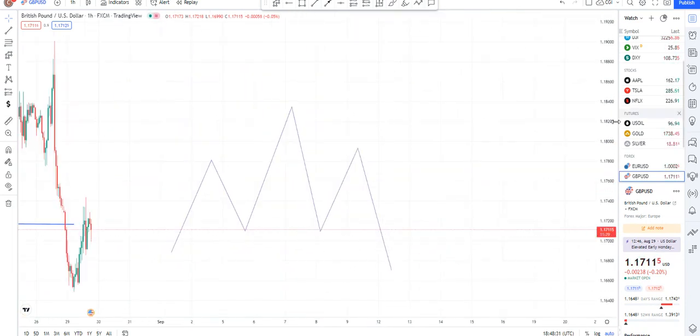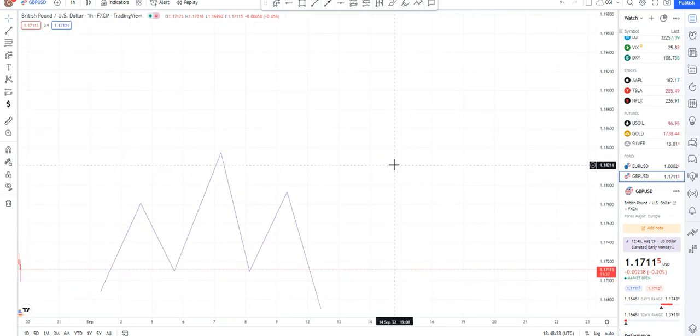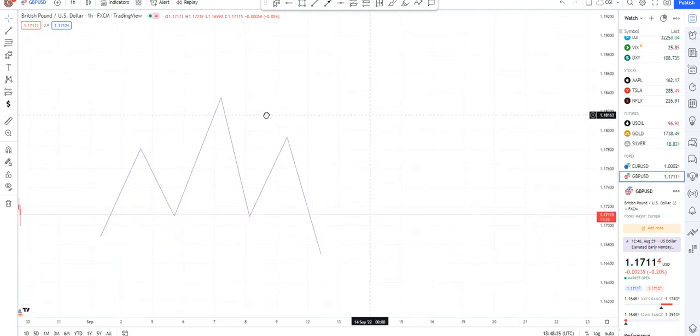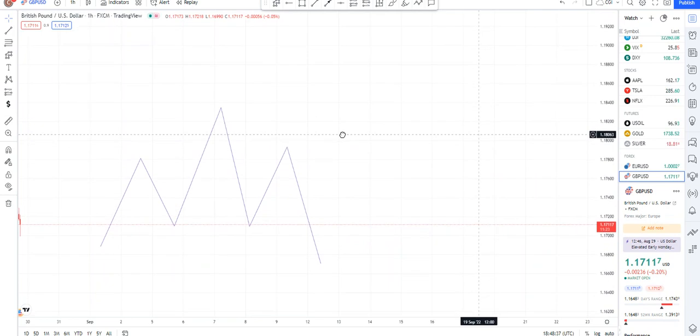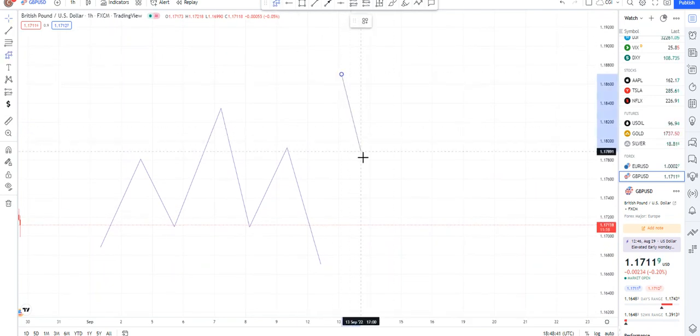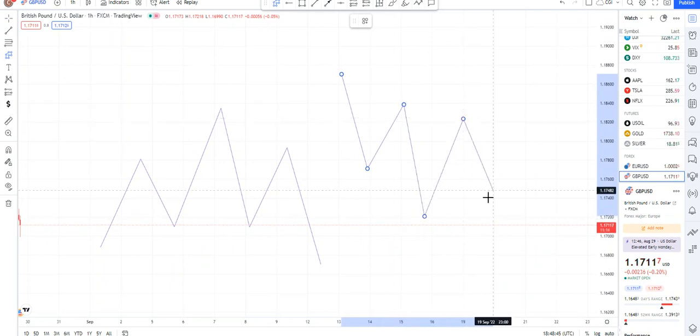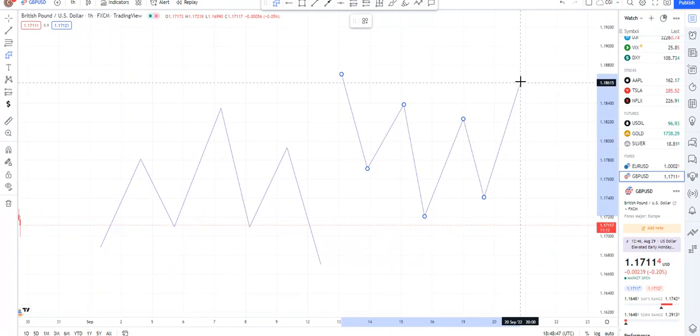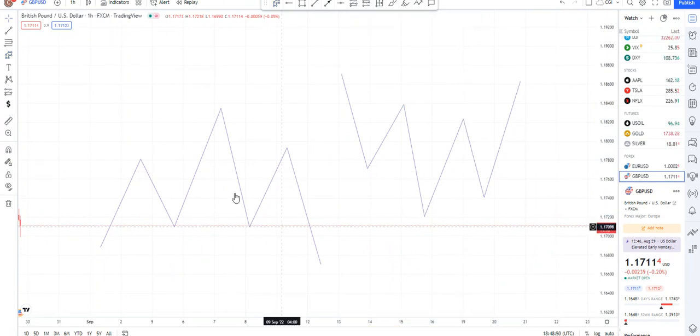That is a swing high for the context of this teaching. While a swing low is one that has two other lows by its side: one low to the left, one low to the right.